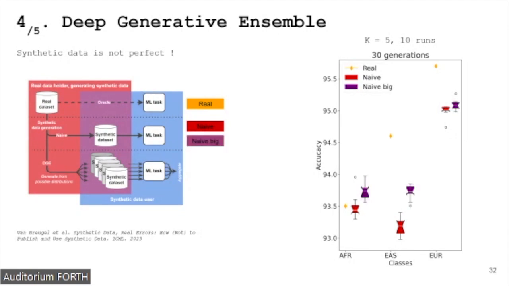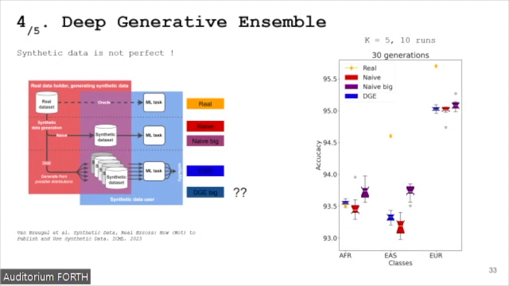And then we have the naive big approach, where the synthetic data set is 4 times bigger than in the naive approach. And here we can see that it's increasing the performance of the predictor, but it's also risky because you are putting a lot of trust in your generative model. So if it's overfitting, it might cause privacy leak events.